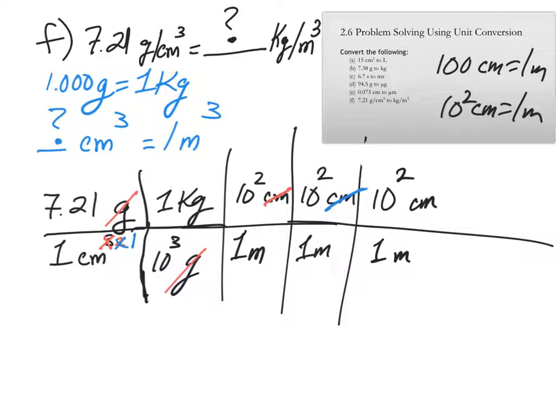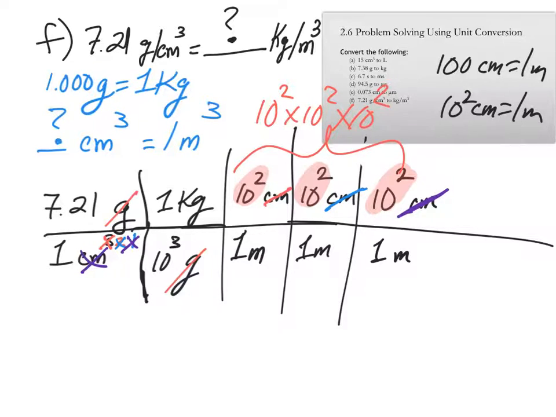And you have centimeters canceling out, so ultimately the whole centimeters cancel out. So if you look at it, we've got 10 to the second times 10 to the second times 10 to the second. You bring those together, ultimately you're going to get 10 to the 6th, because we got 10 to the second cubed, which is 10 to the 2 times 3, which is 10 to the 6th.